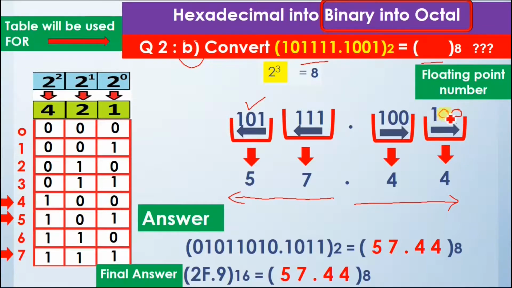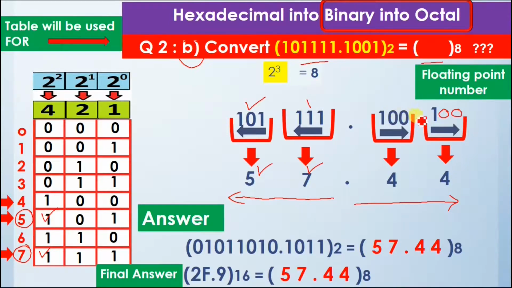Alright, so now we have completed the groups, and we will look at the table and find out their octal equivalent. So first of all, we have 101. Where is 101 in the table? Here is 101, and it's equal to 5, so we write 5 here. Next we have 111, so here is 111 in the table, and it is equal to 7, so we write 7 here.